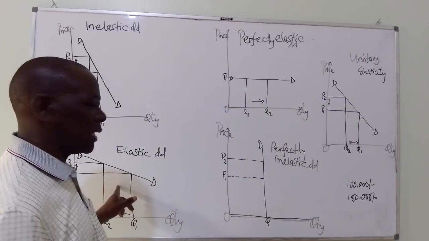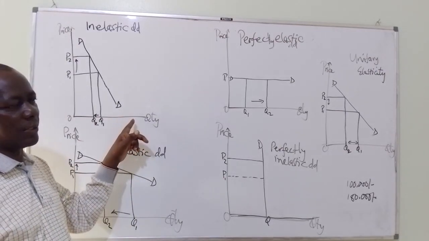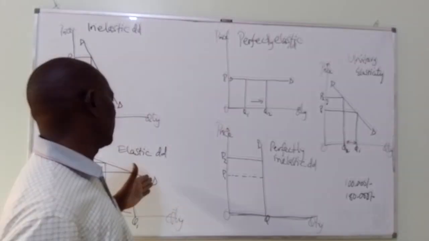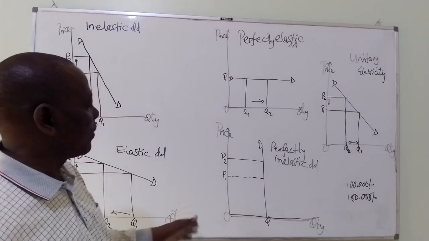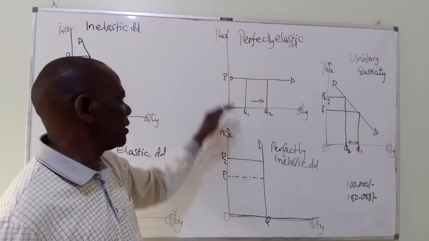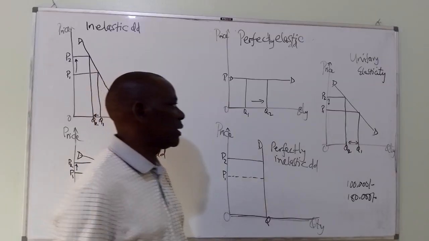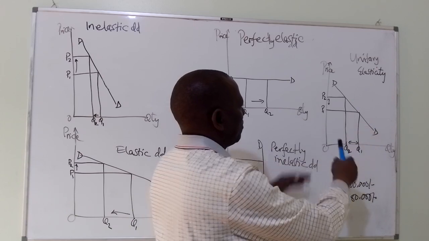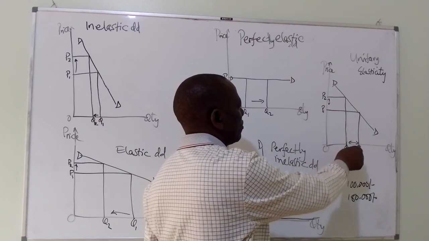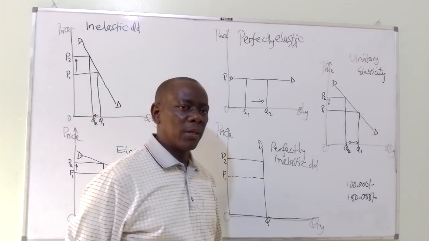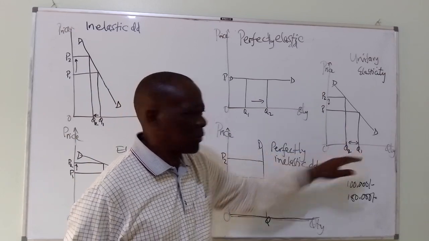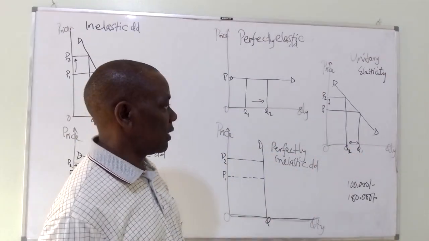Don't indicate the elastic to be inelastic. You should know that inelastic is a steep curve. This one is gently sloping. This one is straight vertically. This one is straight horizontally. And this one is supposed to be 50-50. The change in price must be equal to the change in quantity demanded. That is, this part must be equal to this if you go on the right scale.